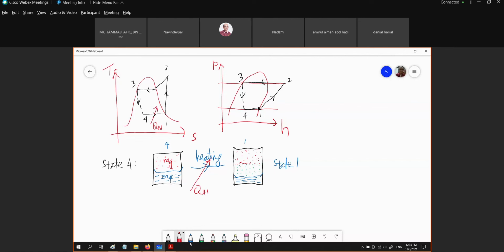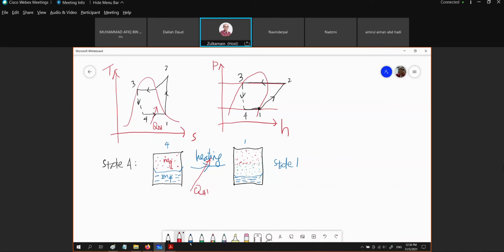What is actually happening to the mg? Does this mg at state 4 play a role in absorbing the Q41? No, it doesn't play any role in the process of absorbing the Q41.